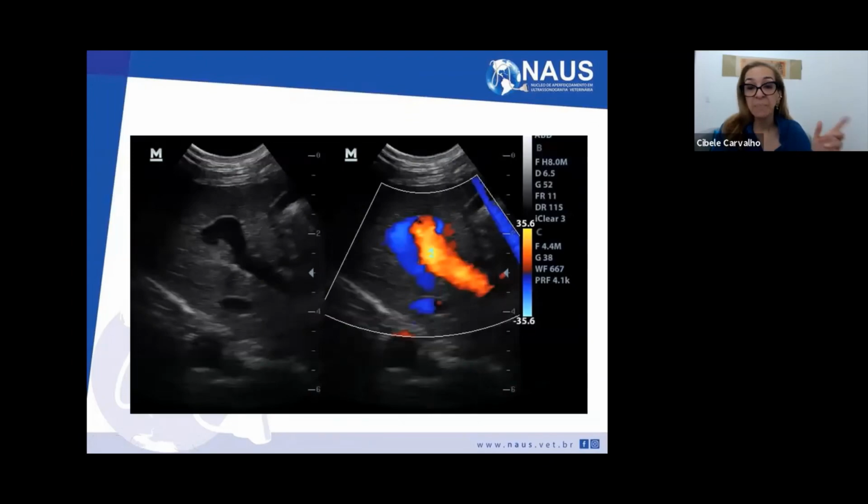We can see the same patient, but now in Doppler, and we can better observe the direction of the blood flow, going up and then going down, draining into the caudal vena cava.